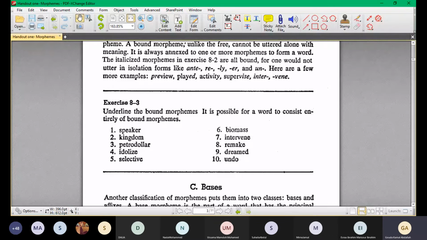Okay, number two, who would like to answer it? Yes, please. So the number two is kingdom. Where is the bound morpheme? Okay, and why is it the bound one?